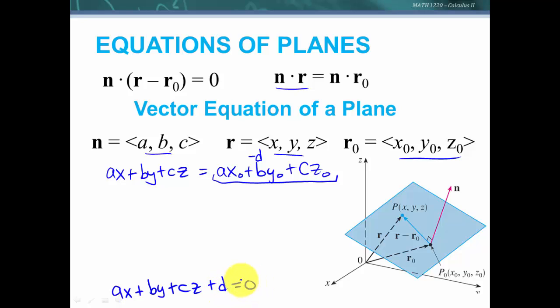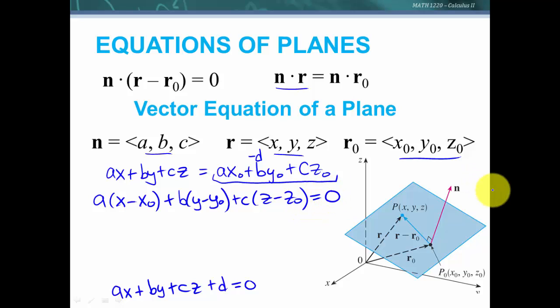We can also express this by moving it over and factoring out the a, so this would be a times x minus x naught, plus, moving the b y naught term over, we'd have b times y minus y naught, and then we would have c times z minus z naught equals 0. So these are all ways to express the equation of a plane.